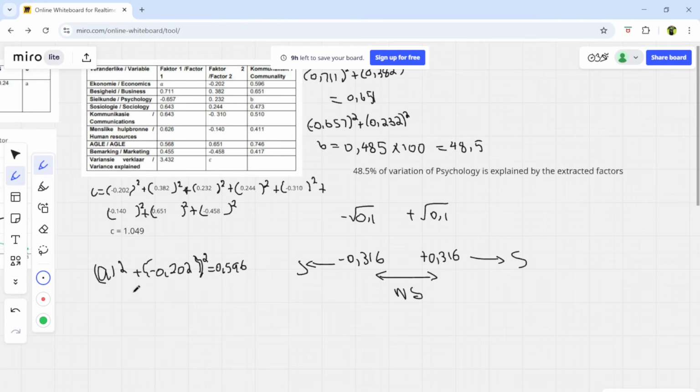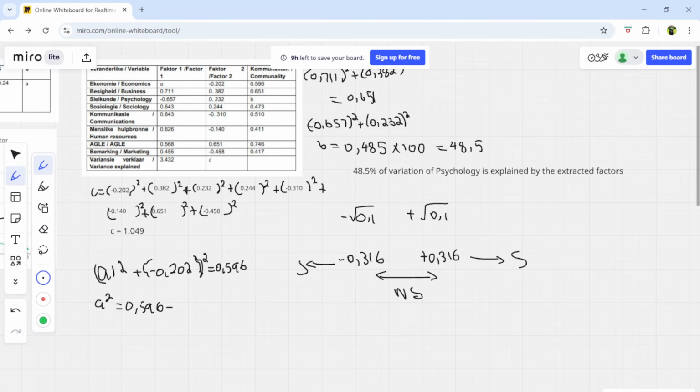So you want a squared on one side, meaning you're going to take this onto the other side. So a squared will be equal to 0.596, and then this comes to the other side, then it becomes a minus.